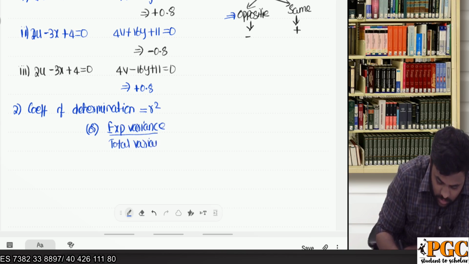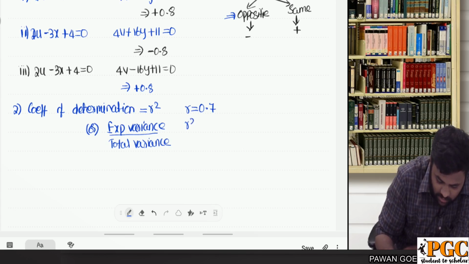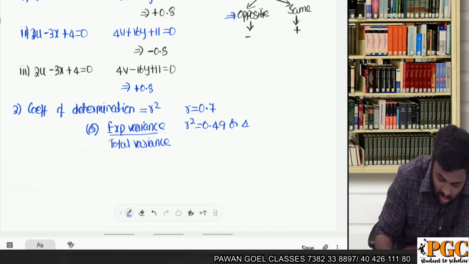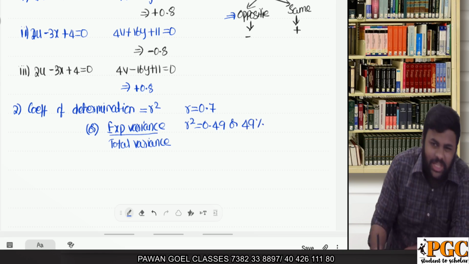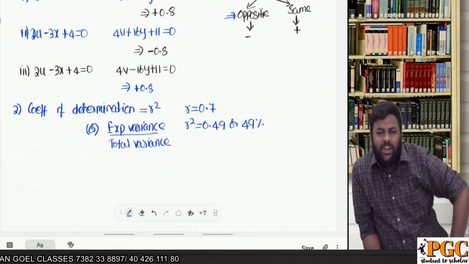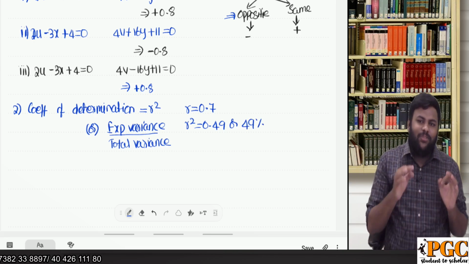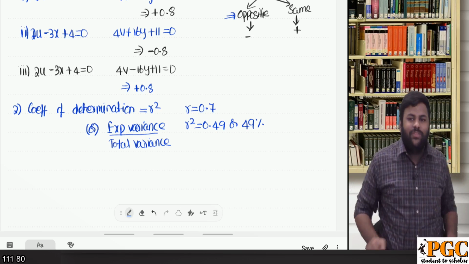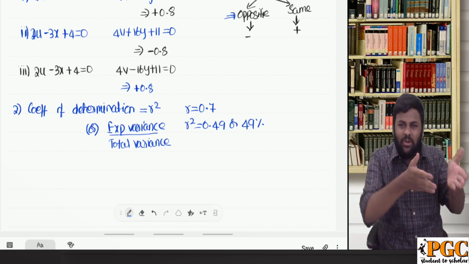Now, what is supposed to be this coefficient of determination? Say for example, r is equal to 0.7. Then r square will be equal to 0.49 or 49 percentage. Now, what does this 49 percentage indicate, my dear friends? It says that 49 percentage of the variables are dependent on each other.